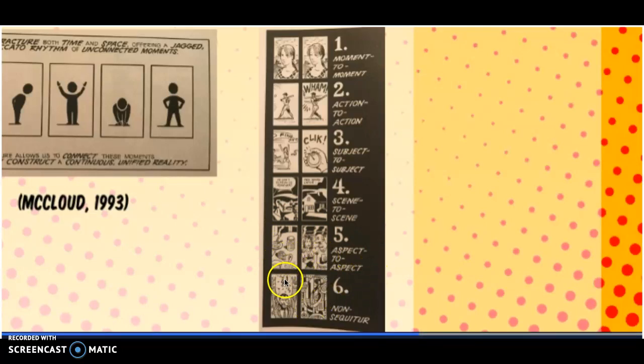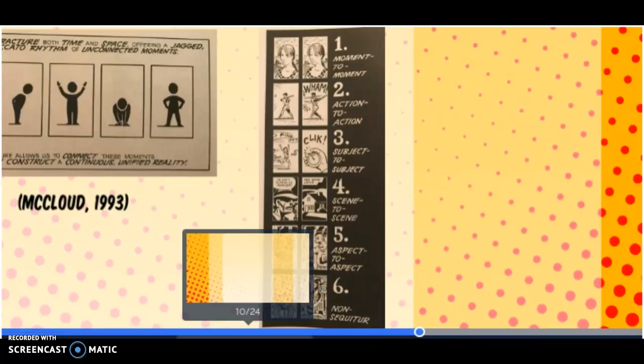And then we have non sequitur, which means it does not follow. We have one image and a seemingly totally unrelated image. However, putting those two images together, that juxtaposition, causes some sort of meaning to be made by them two together. So we have to think about what that is.